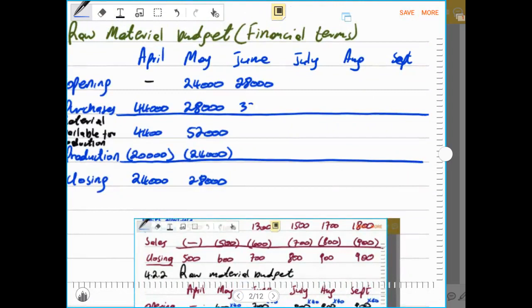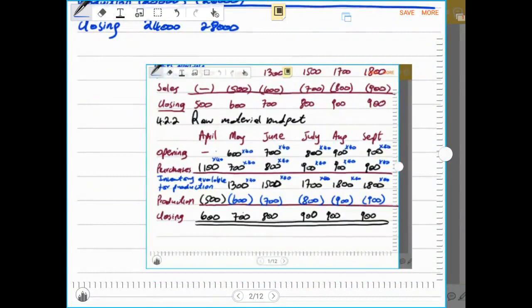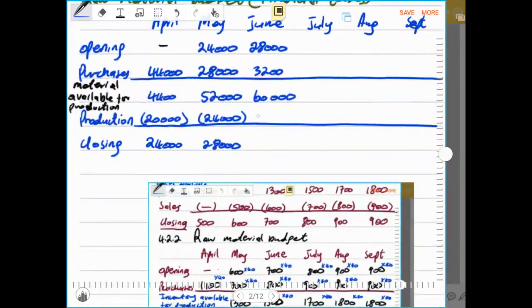So now we have 32,000, and 28,000 plus 32,000 will give us 60,000. And our production for the month of June was 700, and 700 by 40 will give us 28,000. We have already done that. Then it will give us the closing of 32,000.